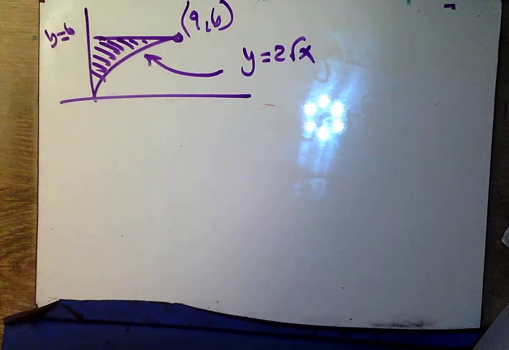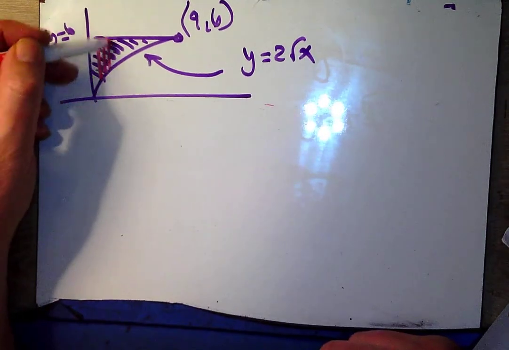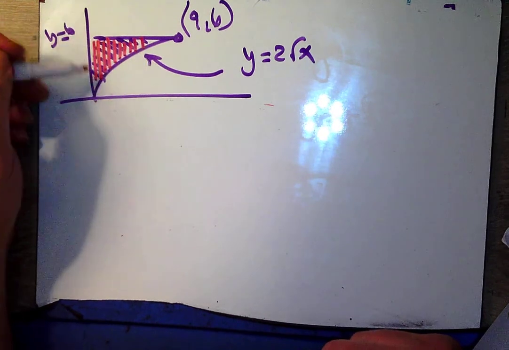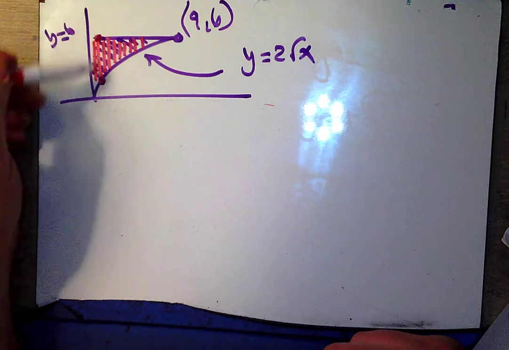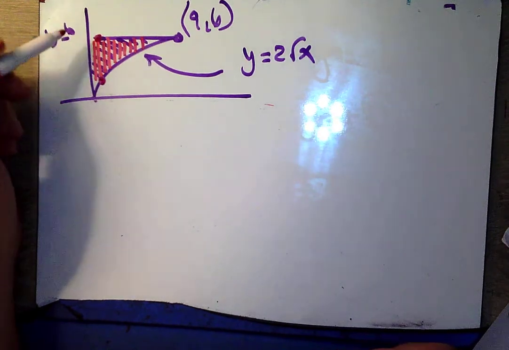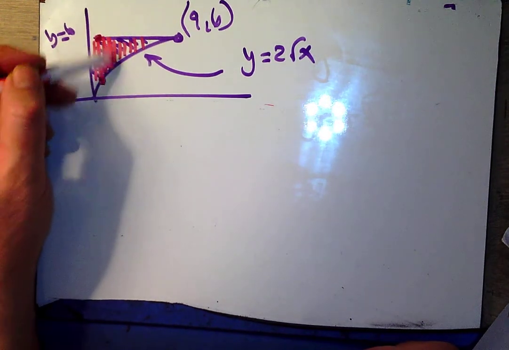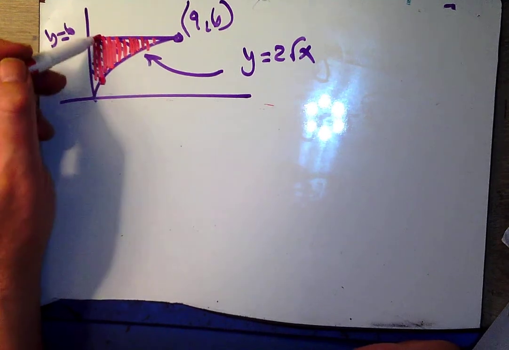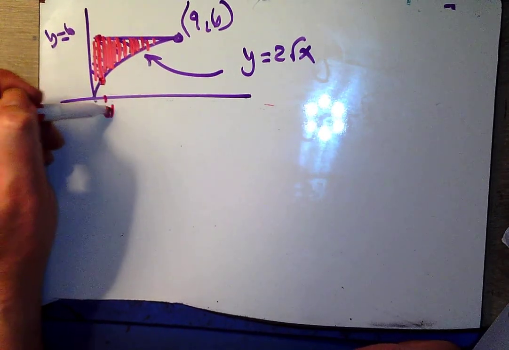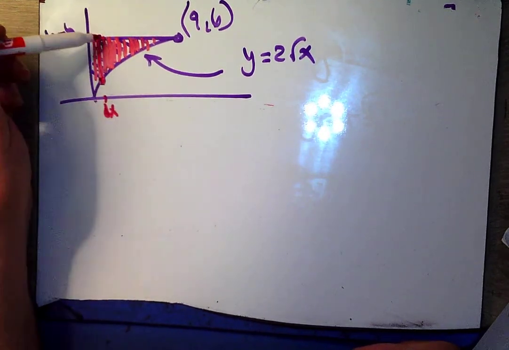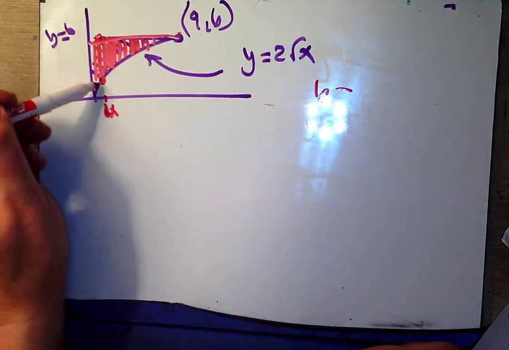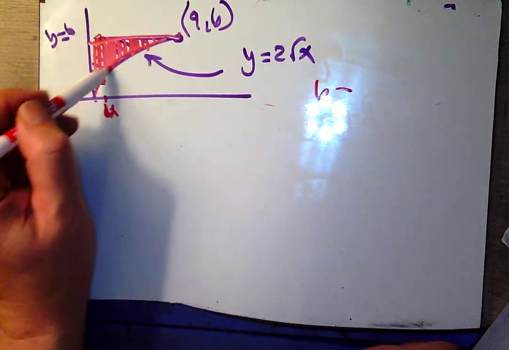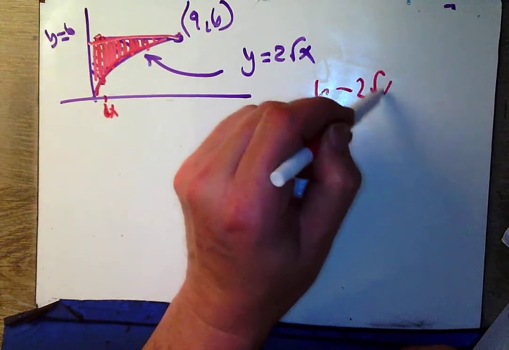And so remember, we said we could find area by adding up all these lengths. And these lengths, which are changing, could always be found by doing top minus bottom. Okay, and we're drawing this way, right? So these are dx.